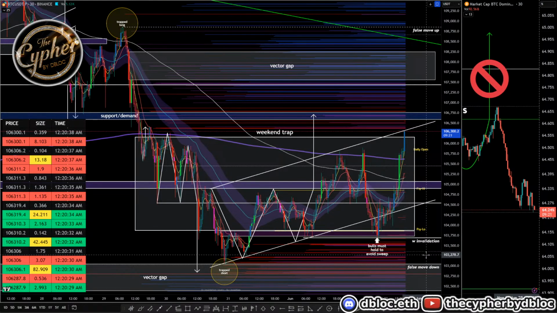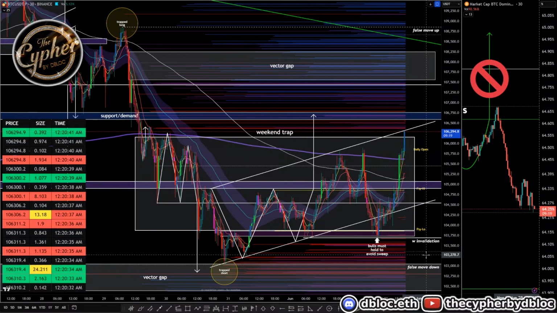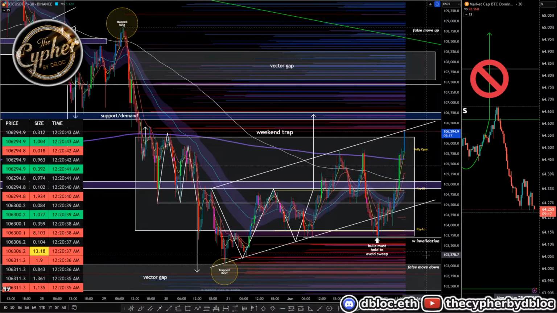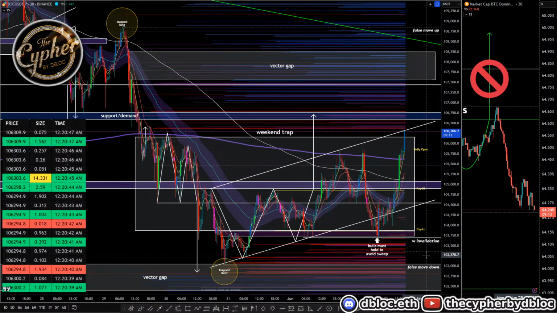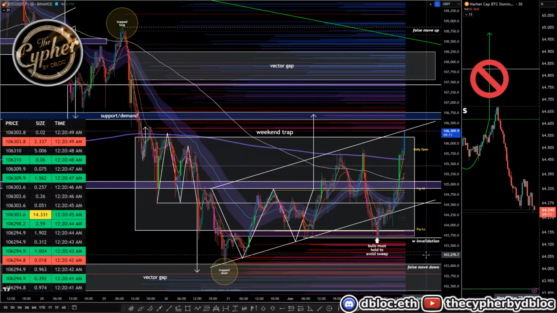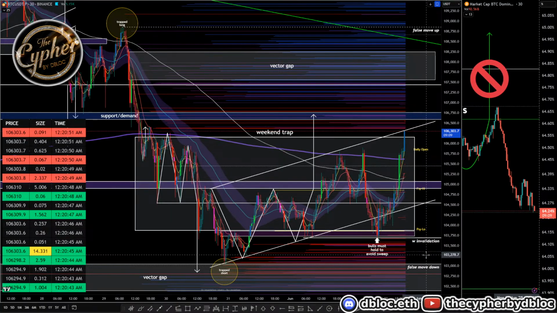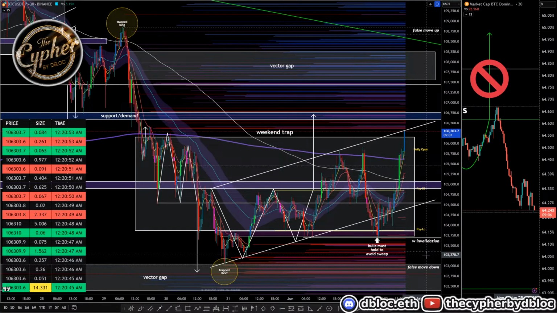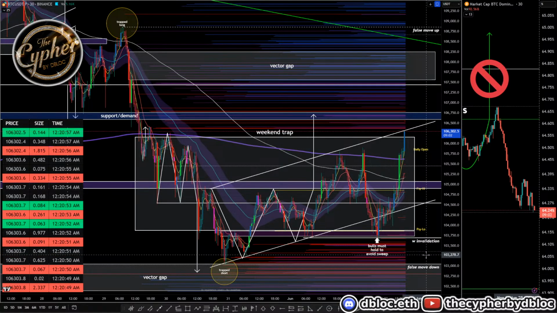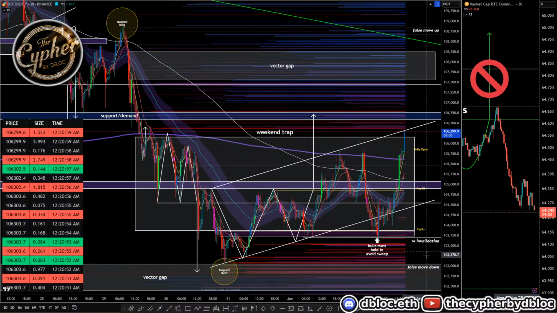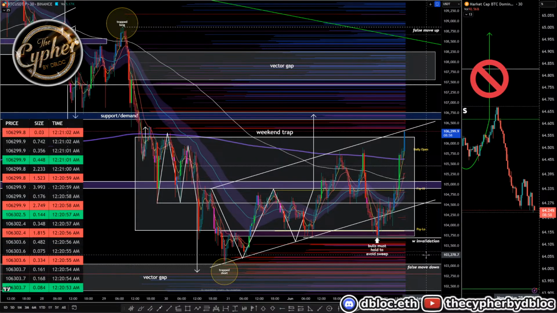I said a long time ago, we have got like 180 is in the cards. Here's 169 here, and here is 187. But again, you have to remember, this is all angular resistance. So it depends on the speed at which we come through the top here.